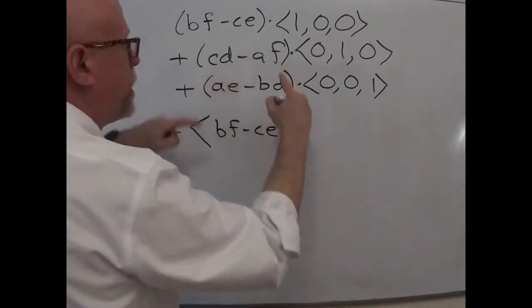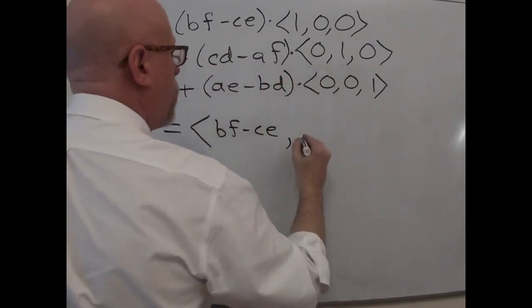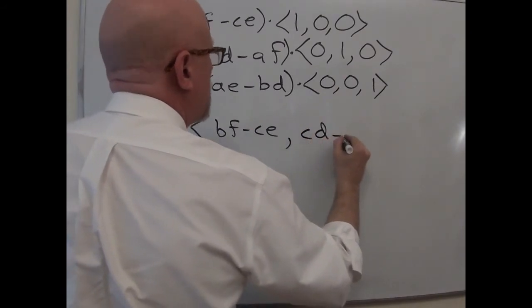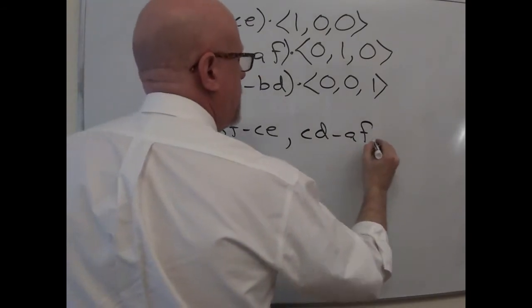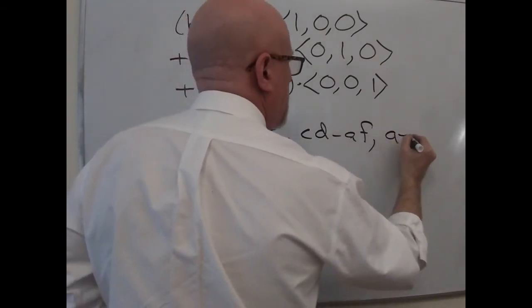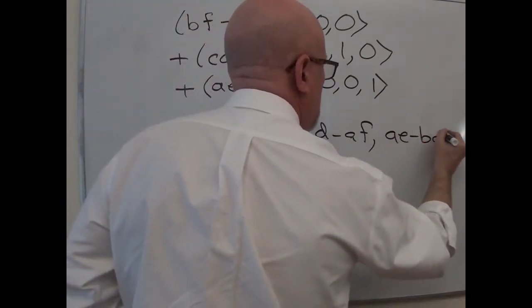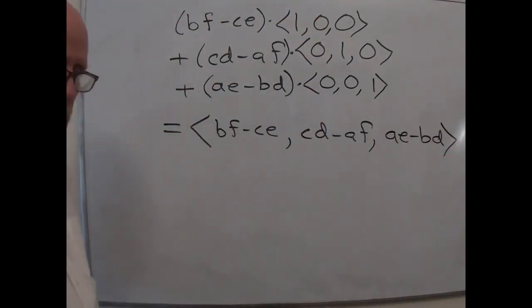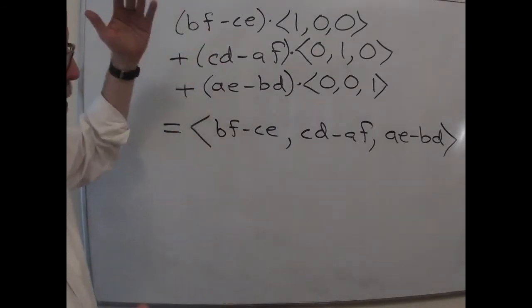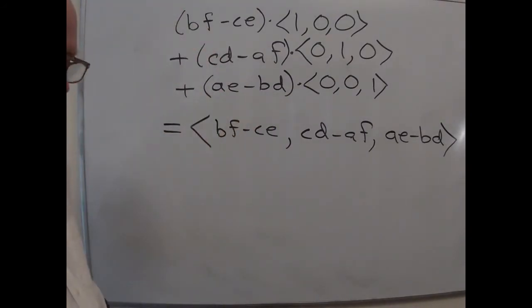It's got CD minus AF in the y coordinate. And it's got AE minus BD in the z coordinate. So Gibbs' approach to it was just, here's what you do. This is the process, and it gets you a vector.